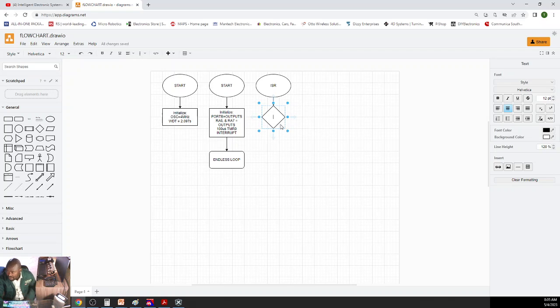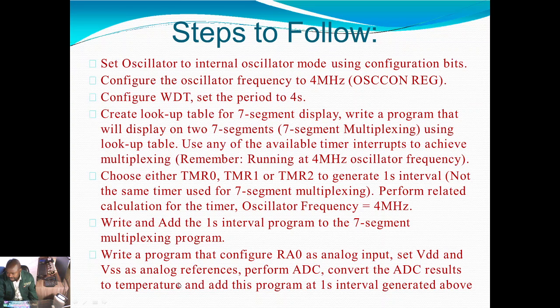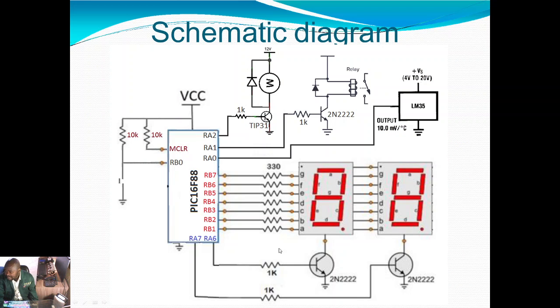Is it RA6 or RA7? Let me just verify now which one. RA6 is for the first 7 segment, RA7 is for the second 7 segment.